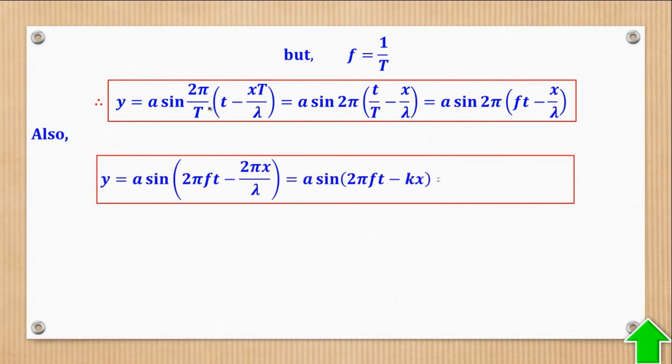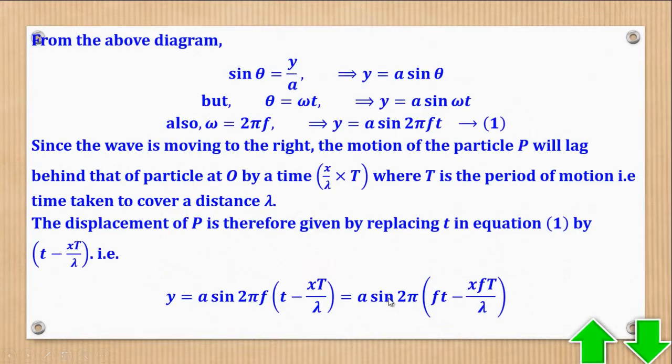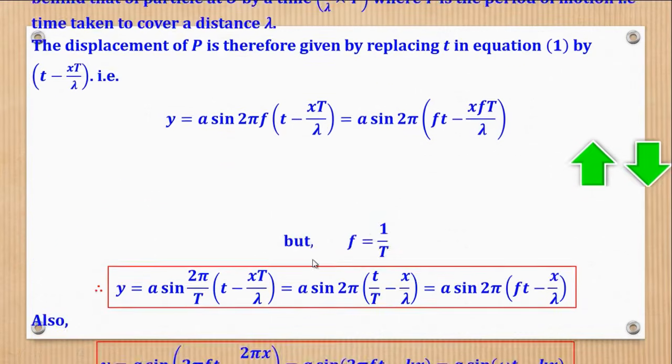Also, now this one comes from this part. So when I bring the whole of this 2 pi f inside the first part here, what will I get?